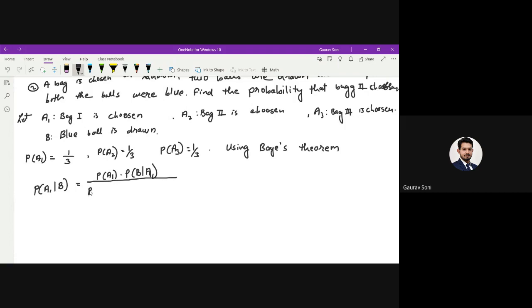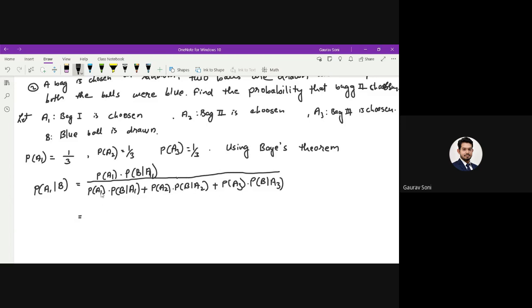So that will be probability of A1 into probability of B given A1, plus probability of A2 into probability of B given A2, plus probability of A3 into probability of B given A3. Look, it is much easier to remember in the form of intersection. If you go on memorizing it, then it will be difficult for you.